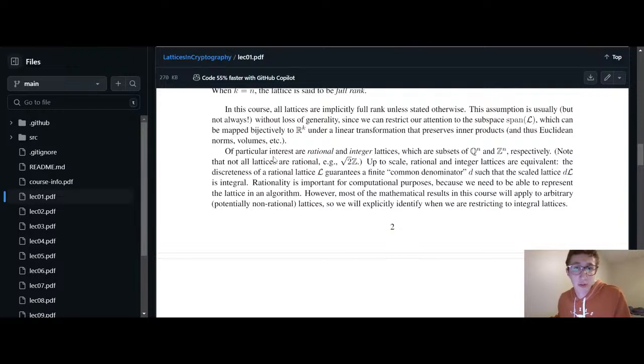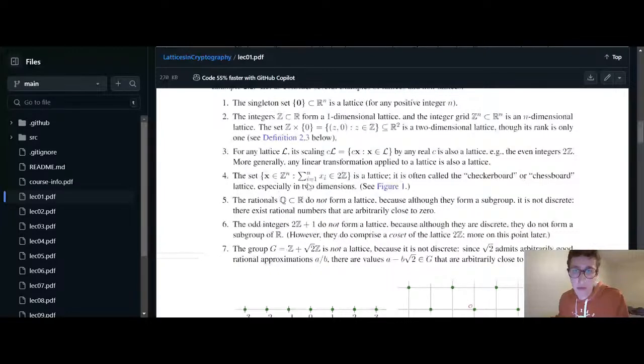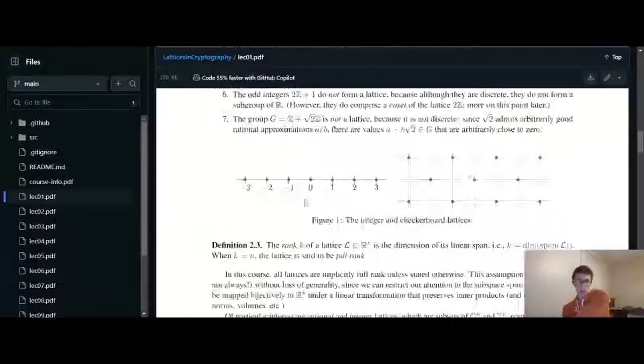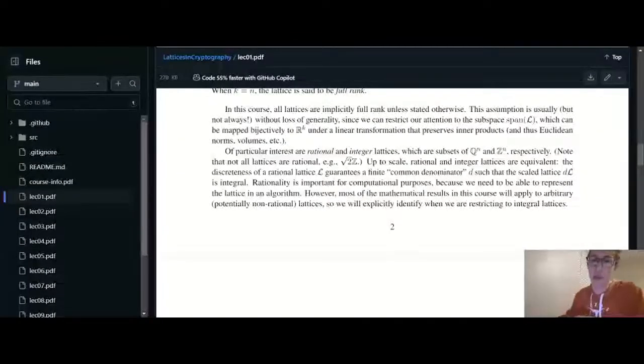Of particular interest are rational and integer lattices, which are subsets. I thought we just said that the rational numbers cannot be lattices, though. Hmm. Maybe if you find different conditions, you probably could form a lattice with those conditions.